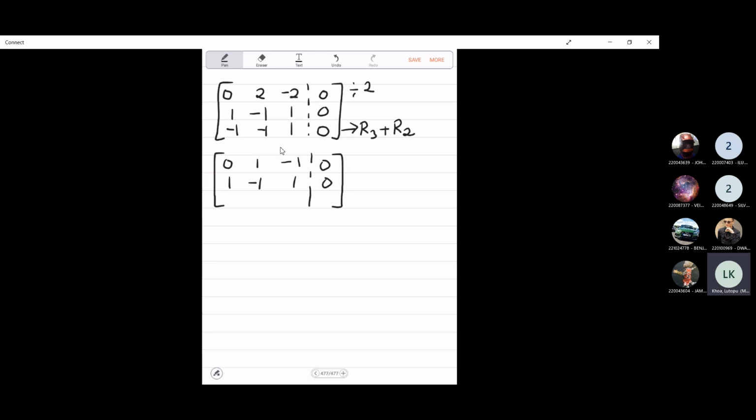And row 3 plus row 2: minus 1 plus 1 is 0. Minus 1, minus 1 plus minus 1. Here this should be minus 2.